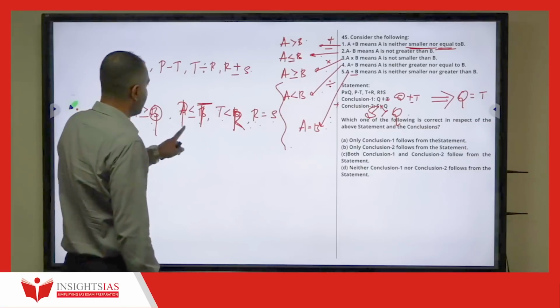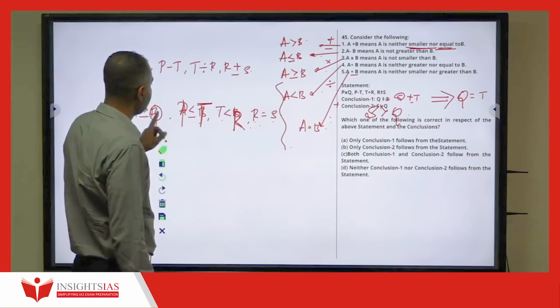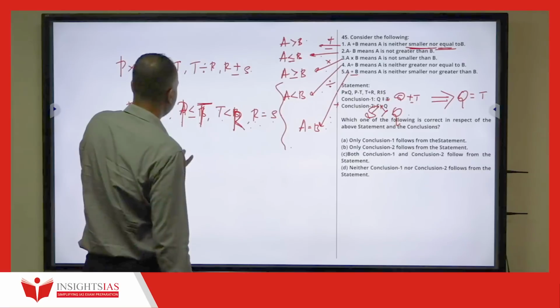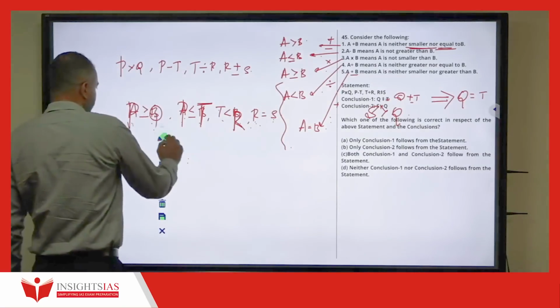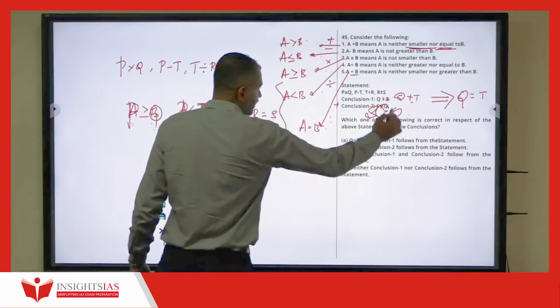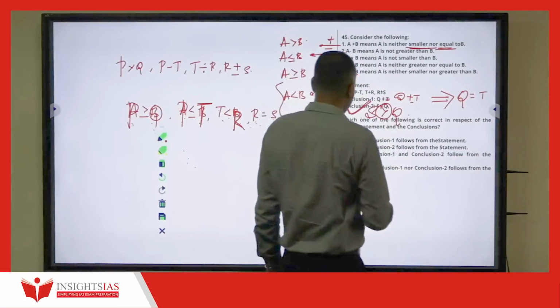So, you can travel here, S to R, R to T, T to P, P to Q, and one of the symbols has to be at least this one. Yes, we have at least this one symbol here. Yes, this follows. Okay, conclusion 2 follows.